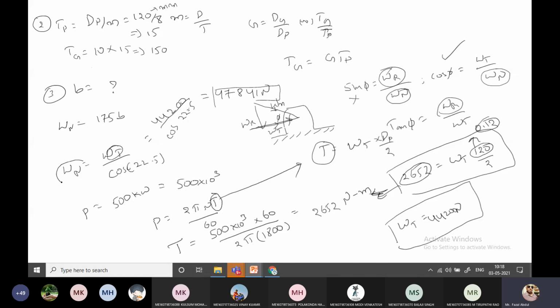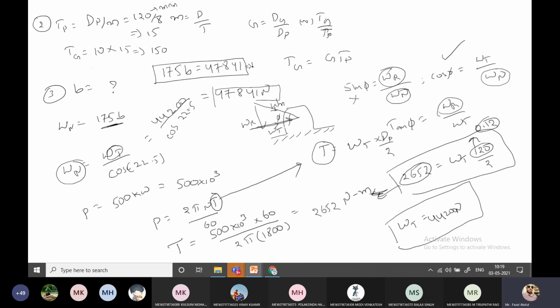This is the equation of Wn, but the question gives the Wn value as 175B. Now equate these two. The question gives Wn as 175B, but our calculated value is 47,841. Now what is B from this relation?